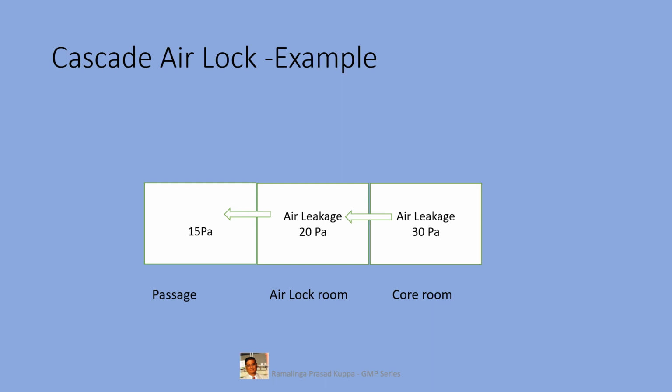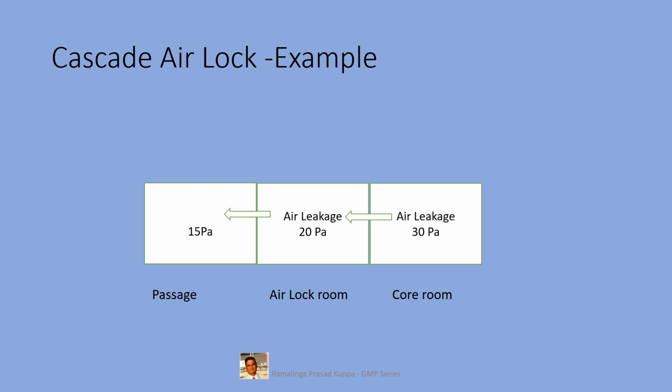In this design, the core is at higher pressure and any leakage would be into the airlock room. Similarly, any leakage from airlock will lead to passage. So, the airlock protects the core by taking the leak outside to the airlock and to further passage.